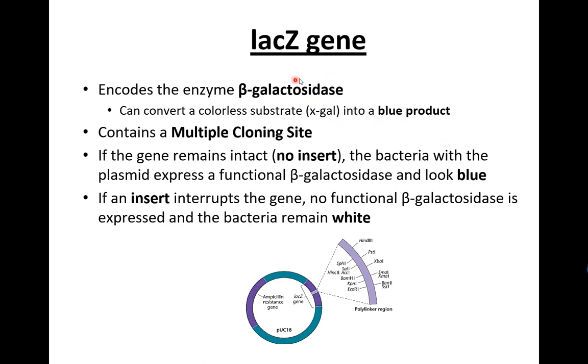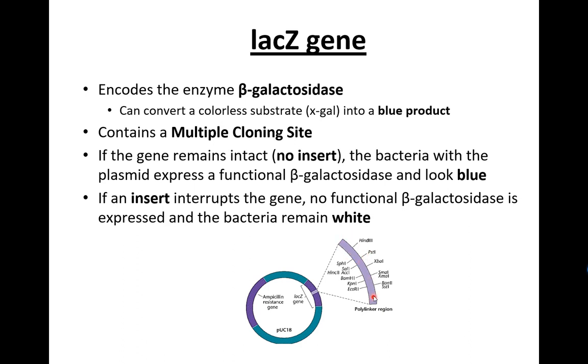Now this marker gene usually has the multiple cloning site, or polylinker, which is the same thing, inside it. So you have this multiple cloning site inside the beta-galactosidase gene. This is where you will clone different molecules, right?